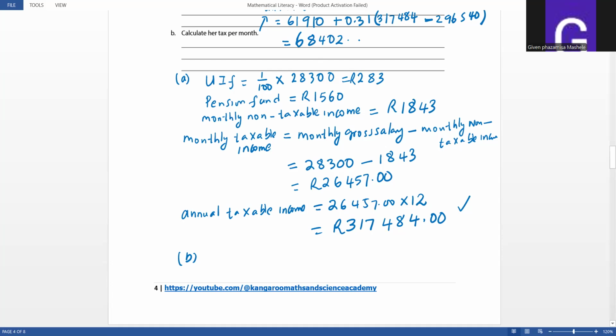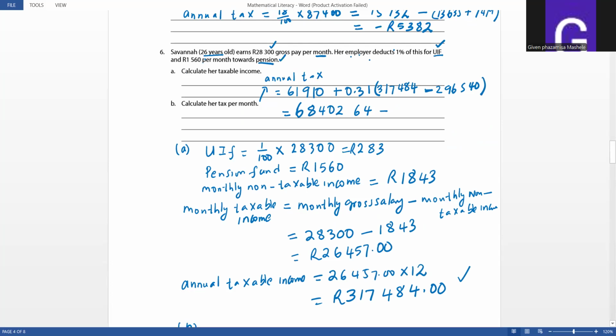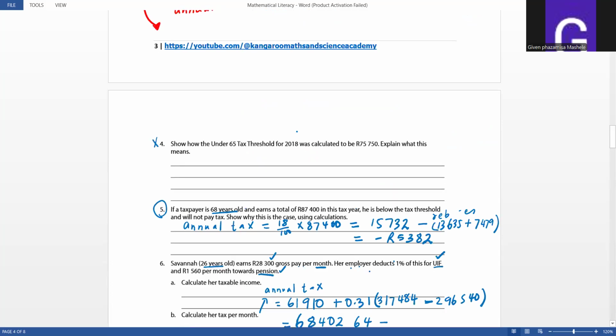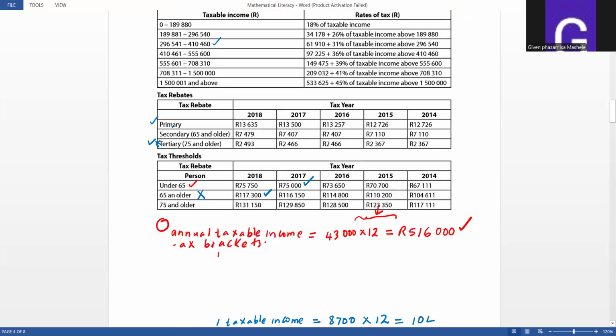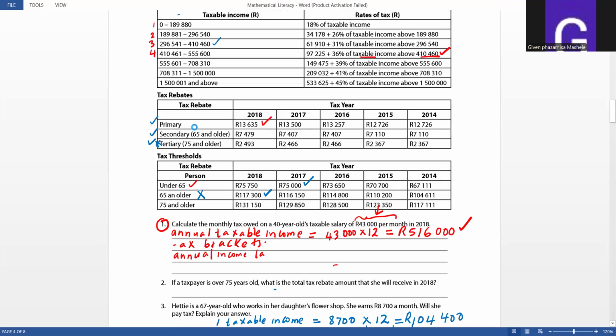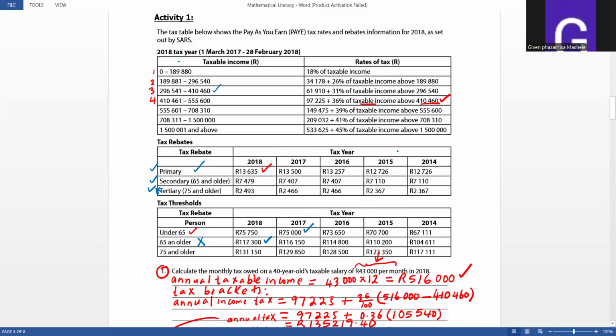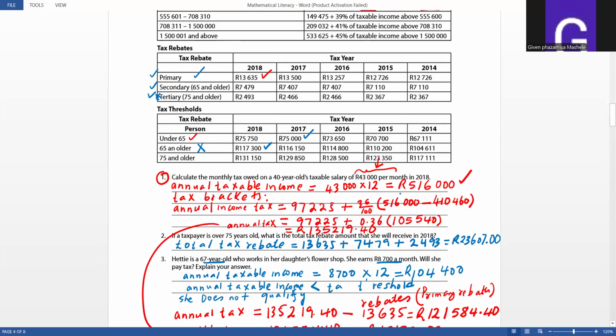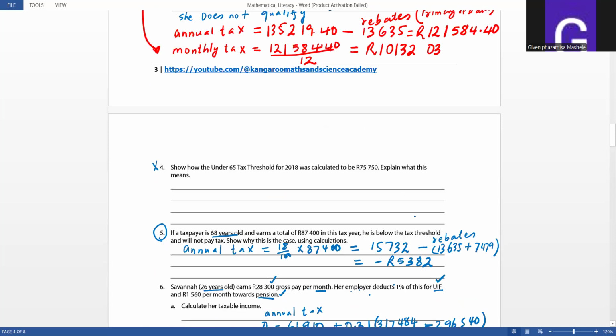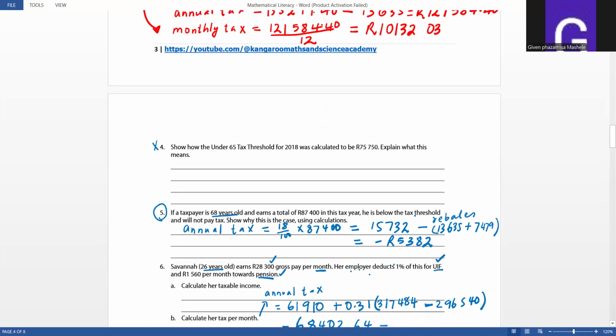0.64. But this person is aged 26. So obviously a person aged 26 qualifies for a primary rebate only. So what is the primary rebate? It's 13,635. We only subtract the 13,635 because she qualifies for primary only.